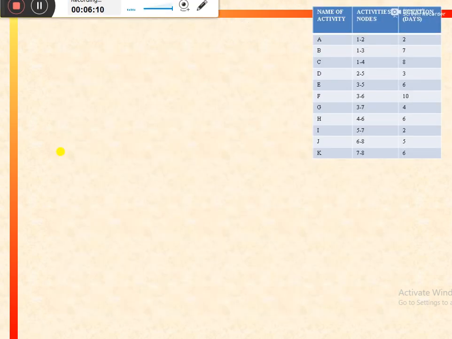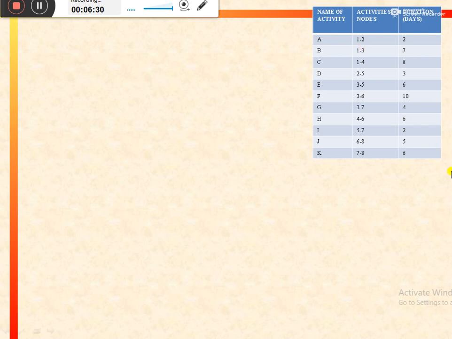In step 1 of the procedure, we would draw the network for the project with the help of the information given in this table. As you can see, the activity A would start from node 1. Node 1 denotes the starting point of the network or the initial activity of the project.